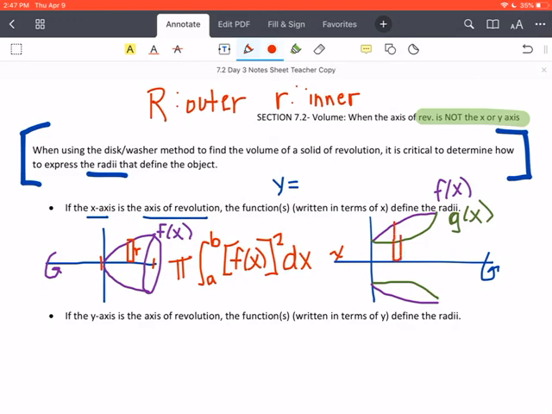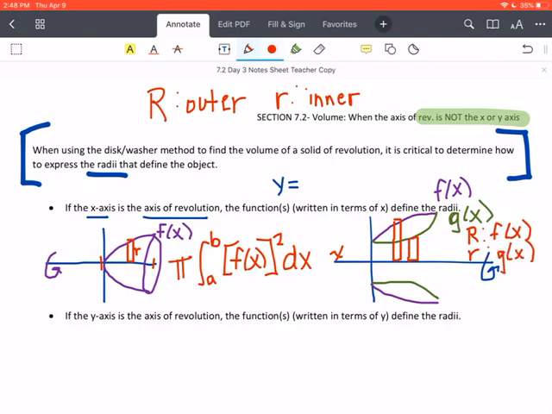Well, the longer rectangle is going to rely on f of x. So big R in this case is my f of x. And then when I draw my radius of the inner function, that is drawn from g of x. So little r is my g of x.